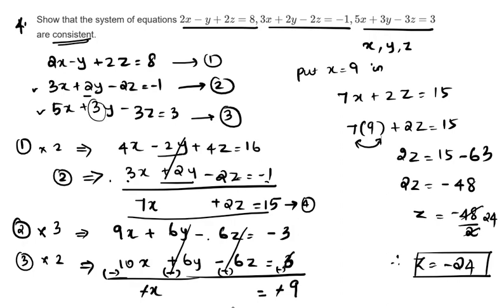Now we have the value of x and z. Take these values and try them in any of the equations to get the value of y. As you see, equation 1 has the smaller values, so let us substitute in equation 1.